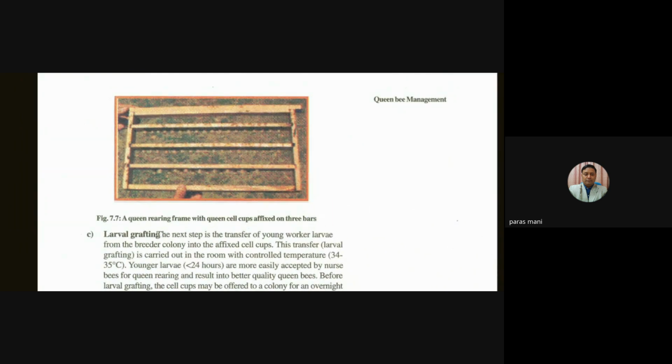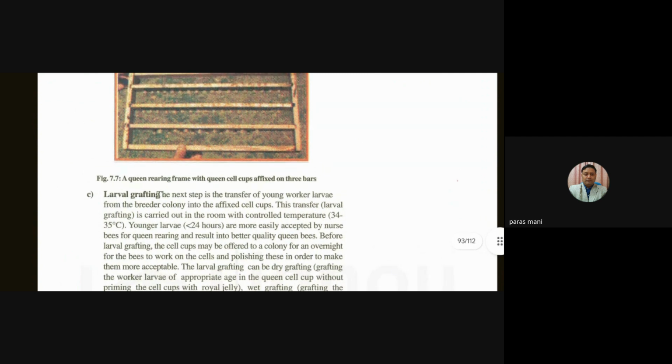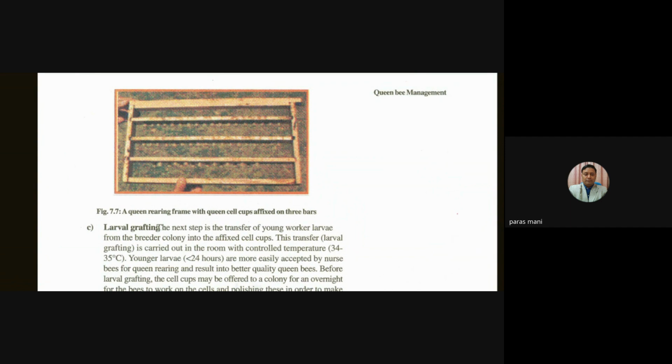After grafting the queen cup cells to such frames in this manner, we can next go for larval grafting. Young larva of 1 day or 2 days old can be removed along with the royal jelly present in the cell of the breeder colony, which is a very good healthy colony, and such young larva can be grafted, directly placed into the queen cup cells.